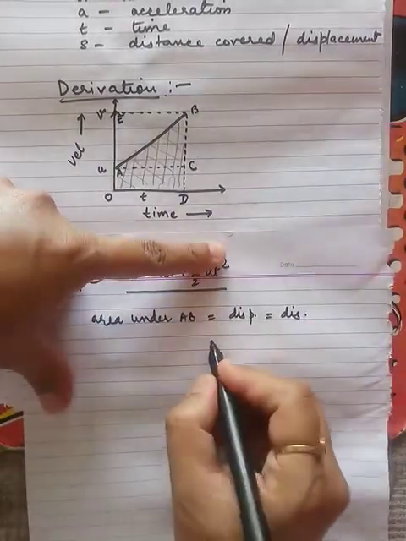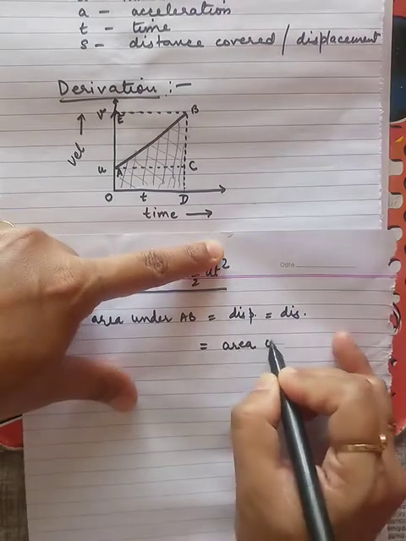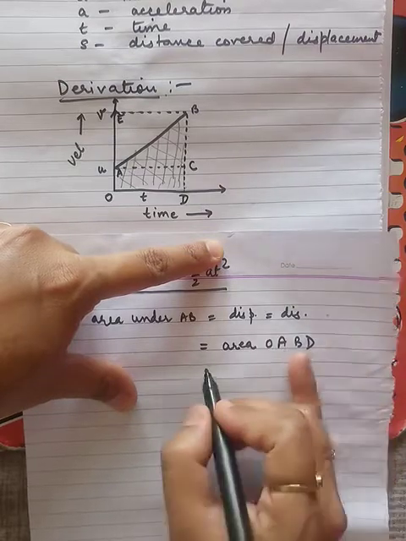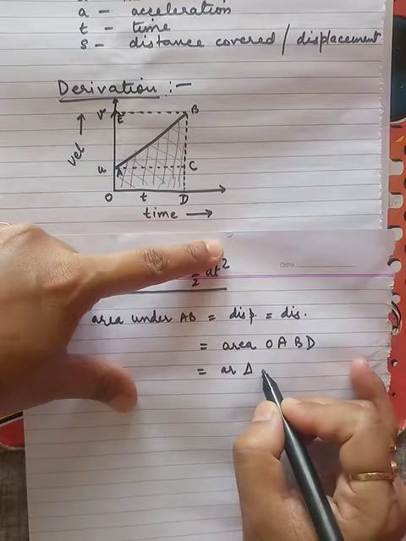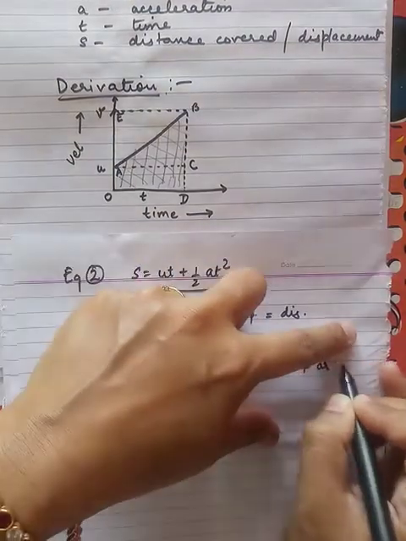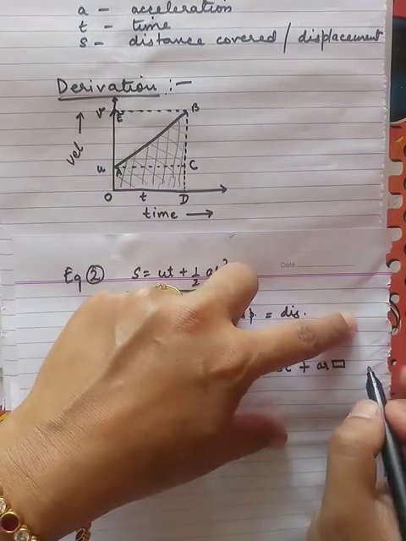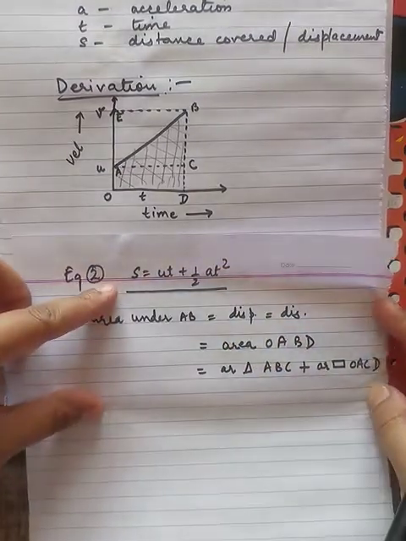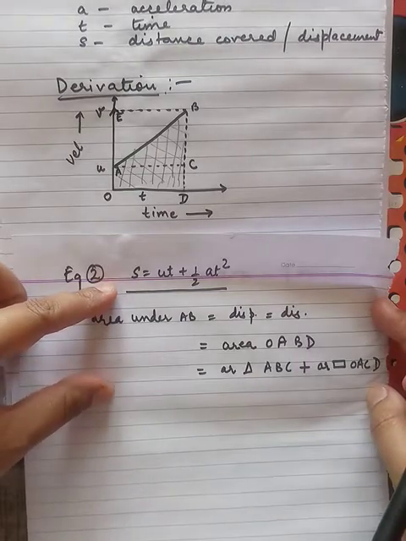So area under AB will be equal to area of OABD, that is a trapezium, and it will be equal to area of triangle ABC plus area of rectangle OACD, right? This will be your area.